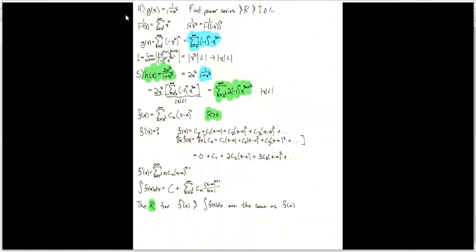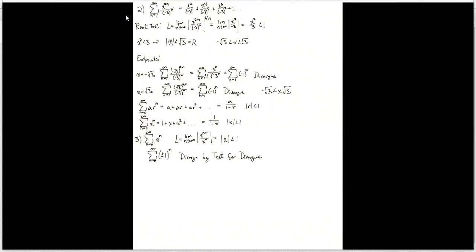Okay, so we have g of x is equal to 1 over the quantity (1 minus x) squared. So if we look at this and realize that this is actually equal to d dx of 1 over 1 minus x, right? And this is a power series that we know how to do.